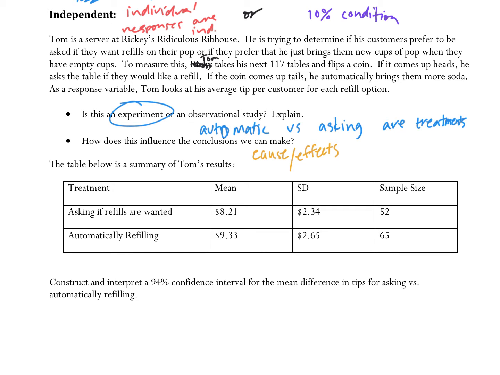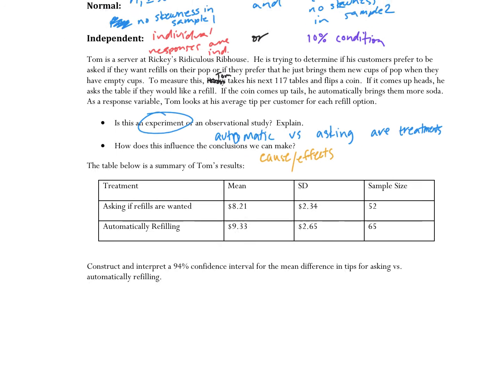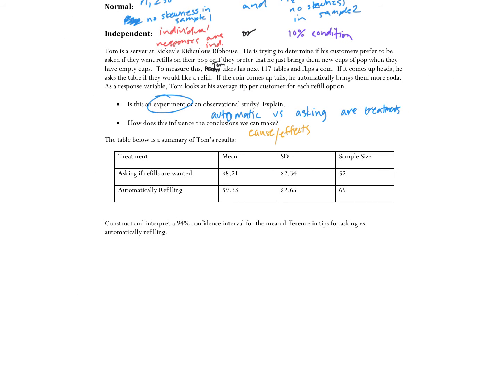And can we assume that customers like this would also have the same result? Yes, so we're going to make our conclusion for customers such as the ones at this table, on this evening or whenever he measures his tips. Okay? How are we feeling so far?